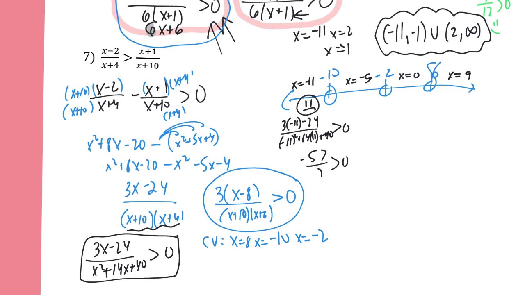Now, I bet you, it really is generally always every other. So let's try x equals -5. You do 3 times -5 and subtract 24, put that over -5 squared plus 14 times -5, and then plus 40, and see, is that greater than 0?